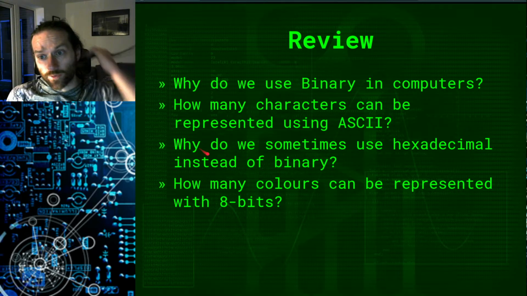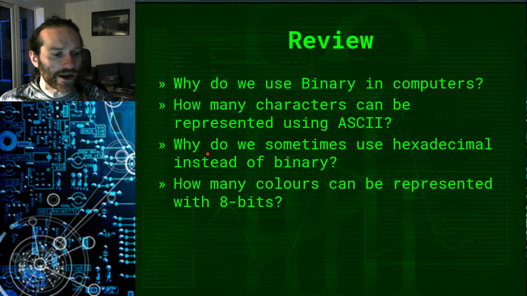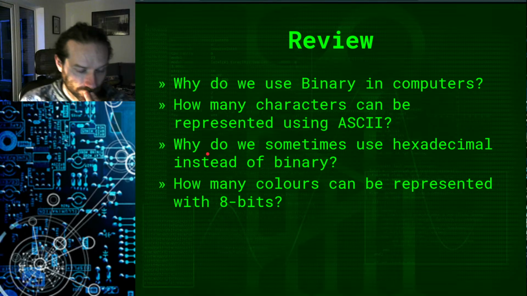Another question. Why do we sometimes use hexadecimal instead of binary? Yeah. Hex is easier to read because there's fewer digits. We can get more information in a smaller space.